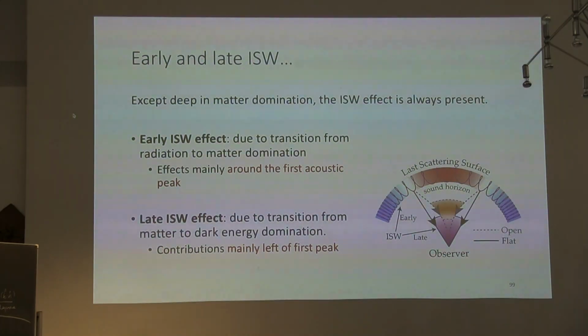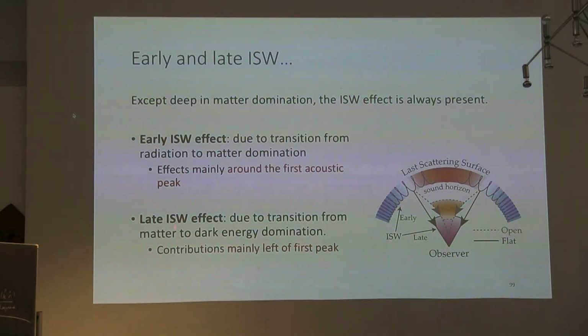Okay? There's still a little bit of residual radiation left over at the time of CMB decoupling, which you can still see. Okay, that's called the early ISW effect, which are effects due to the transition from radiation to matter domination. The effect of this is most prominent if you're looking at the first peak of the CMB fluctuations, the temperature power spectrum.